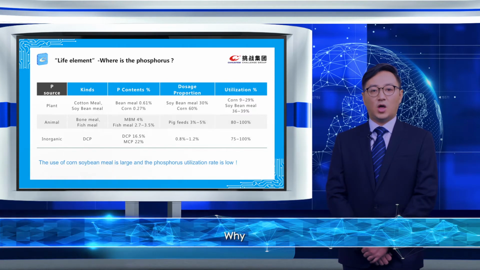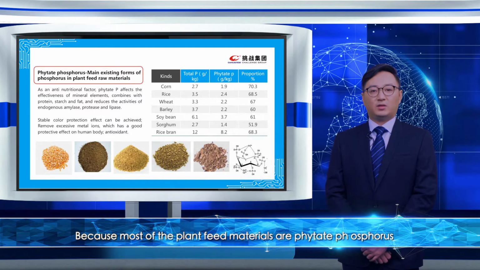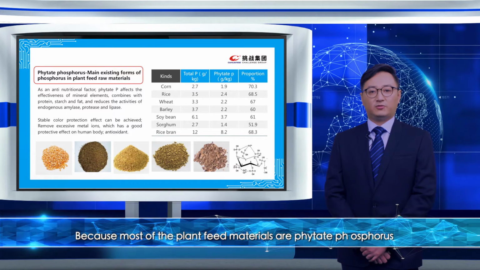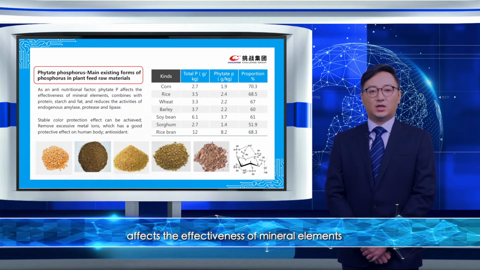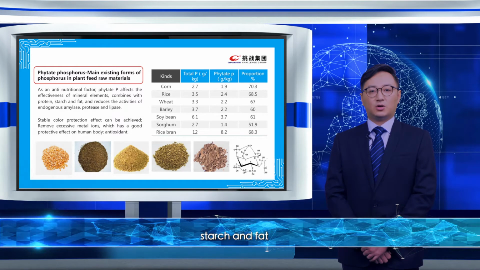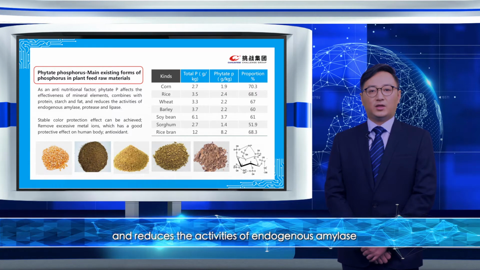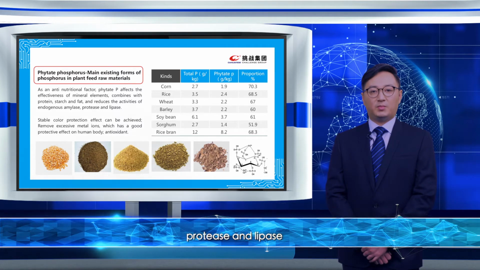phosphorus is low. Why? Because most of the phosphorus in plant feed materials is phytate phosphorus, which is an anti-nutritional factor in plant feed materials. It affects the effectiveness of mineral elements, combines with protein, starch, and fat, and reduces the activities of endogenous amylase, protease, and lipase.